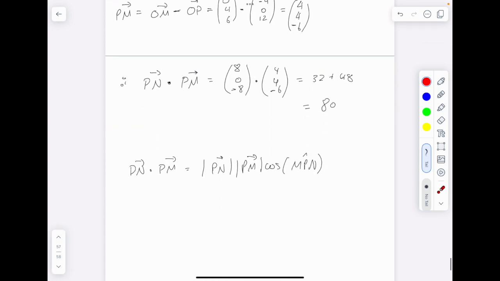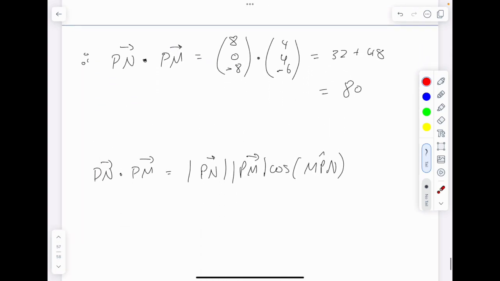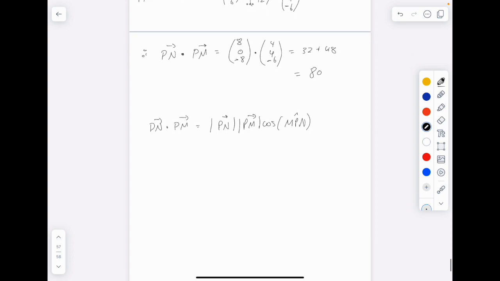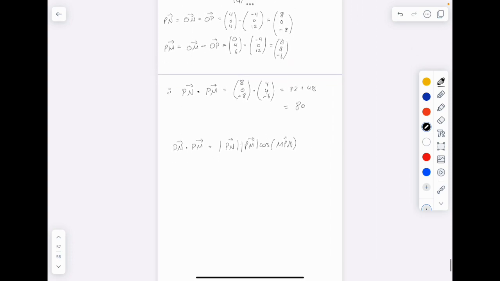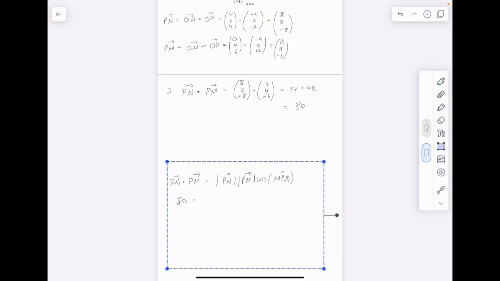So what we get from here is, okay, so we've got 80. Now first off, we've got to find what the magnitudes of these are. So here's what I can say.